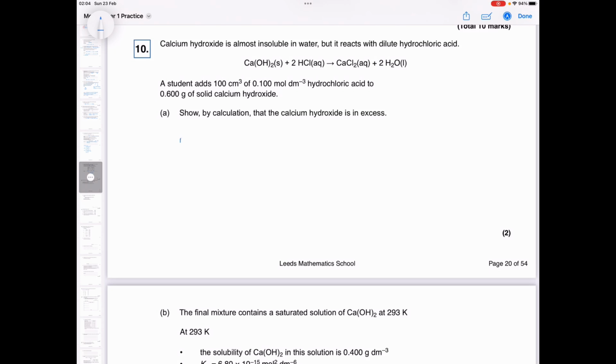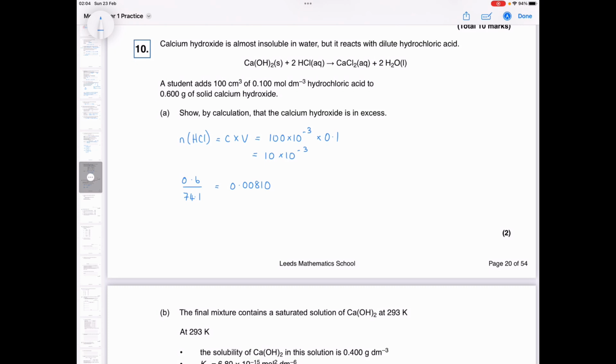So we've got to calculate the number of moles of HCl, which equals concentration times volume, which equals 100 times 10 to the minus 3 times 0.1, which is 10 times 10 to the minus 3 moles. 0.6 grams of solid calcium hydroxide divided by the Mr, 74.1, is equal to 0.00810. That's the number of moles of calcium hydroxide.